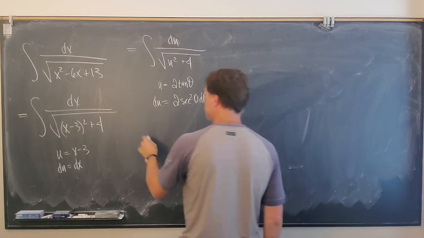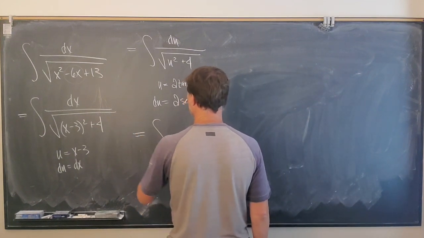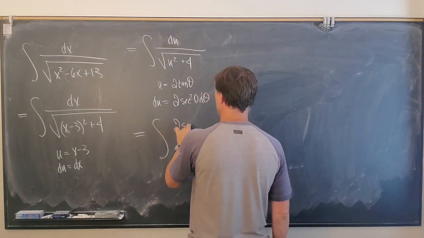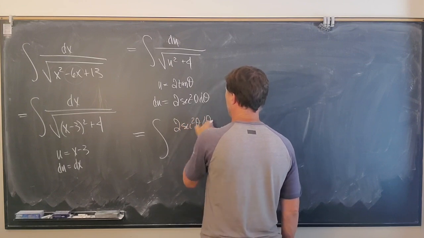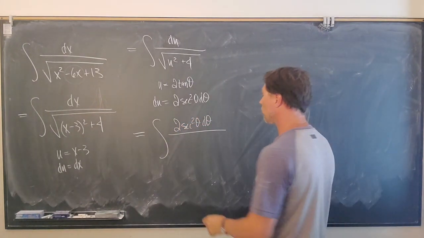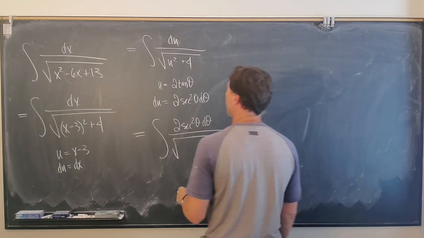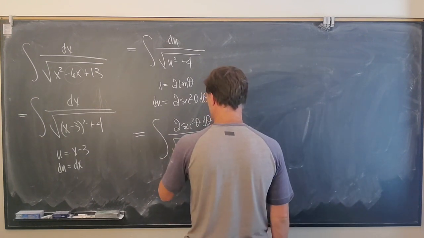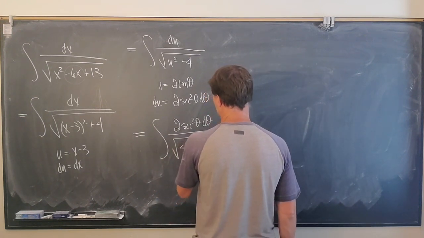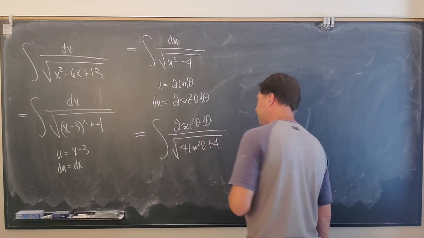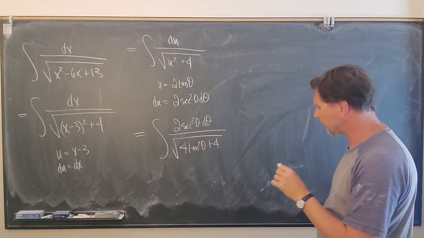And now when we substitute, what we'll get is, so du is a 2 secant squared theta d theta, and under the square root, we've got a 4 tangent squared theta plus 4. So let's see if we can get a little bit quicker now.